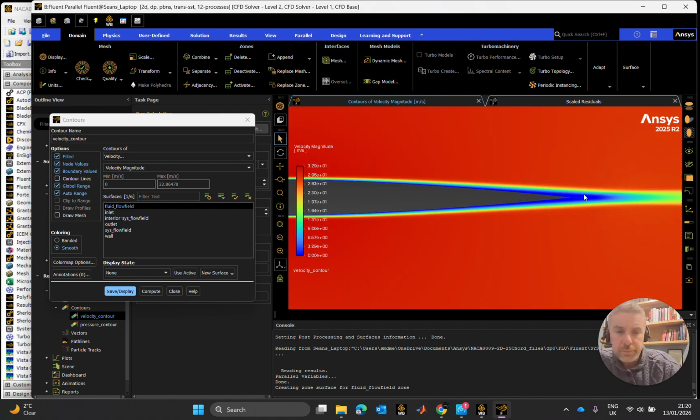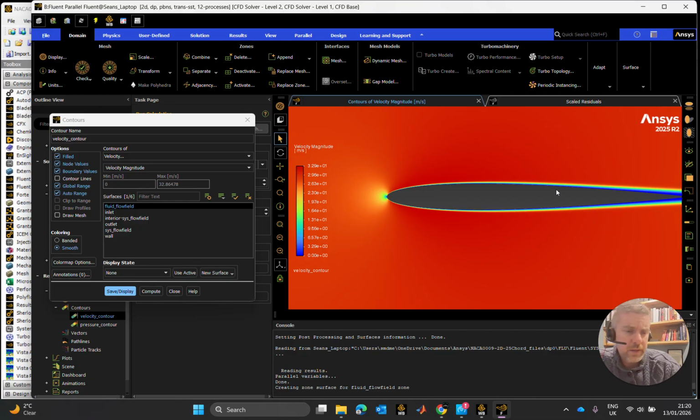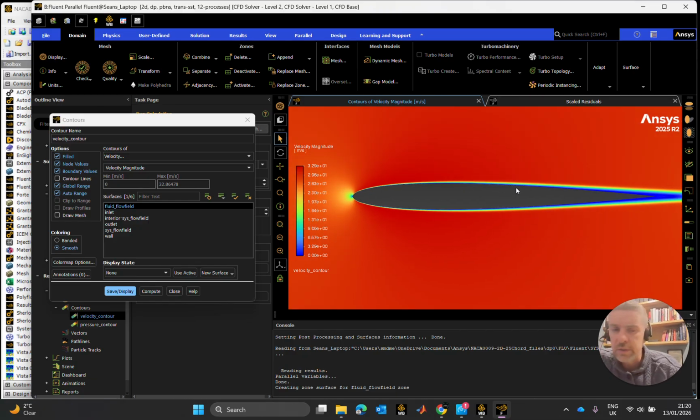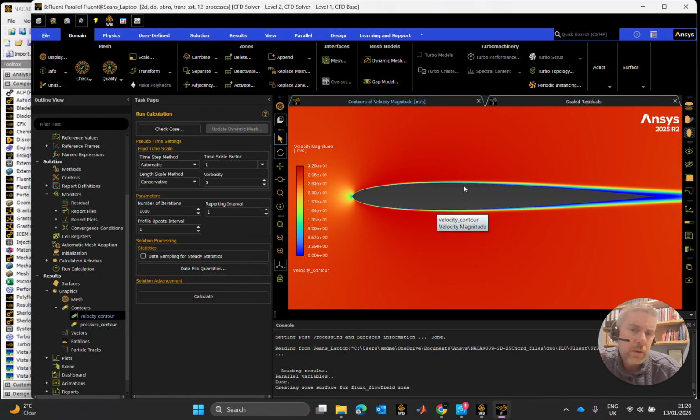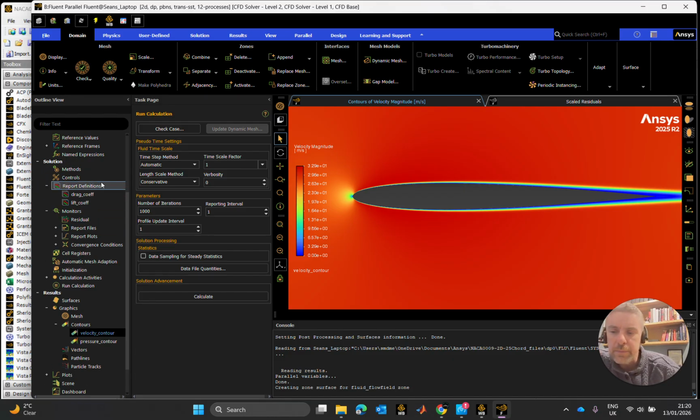Okay, so I think that's enough said about the velocity and pressure contours, but you can surely see that there are whole points of discussion. You could talk for hours about it, and I haven't even looked at the path lines and streamlines. So what are other things we'd want to look at? Well, we went to the effort of creating a couple of report definitions, the drag coefficient and the lift coefficient.